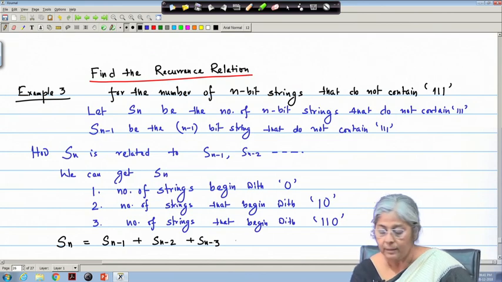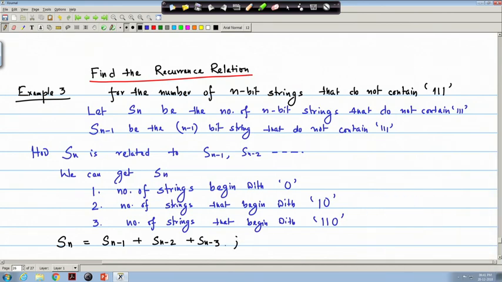Then what will be my initial conditions? My initial conditions will be S1 equal to 2, since with only one bit it can be only 0 and 1. So, it is 2.